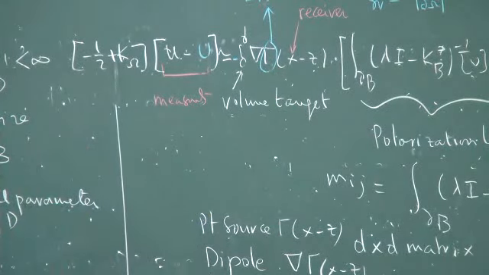Now, what's going on for the Helmholtz equation? We'll start with the unbounded domain.